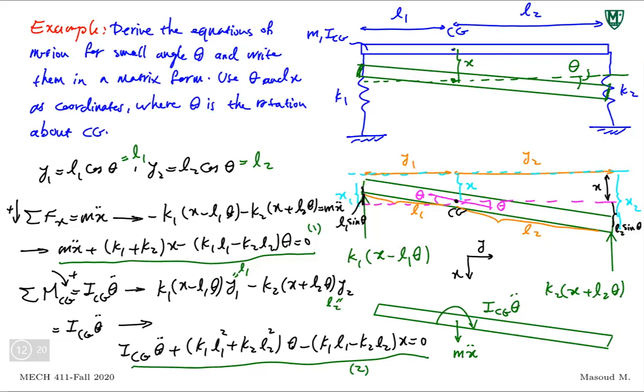Now, here is the interesting thing you observe. The degrees of freedom are not x1 and x2. That's the difference here. Degrees of freedom are x and theta.